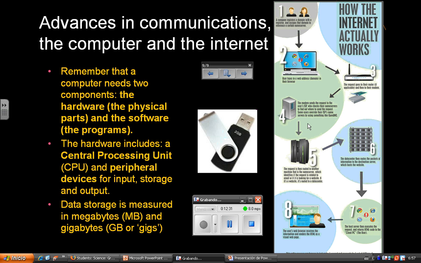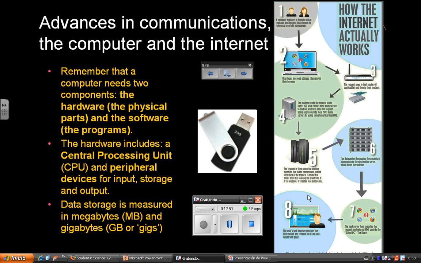The modem sends the request to the user's ISP, who checks their name servers to find out where to send the request. Some users override their ISP's name servers by using something like OpenDNS.